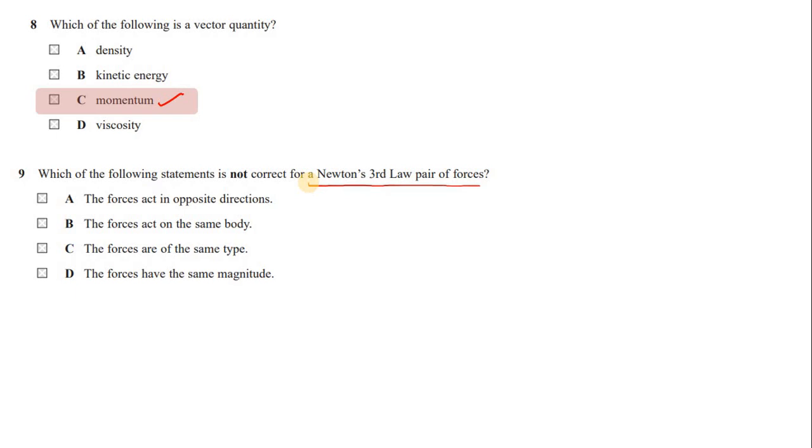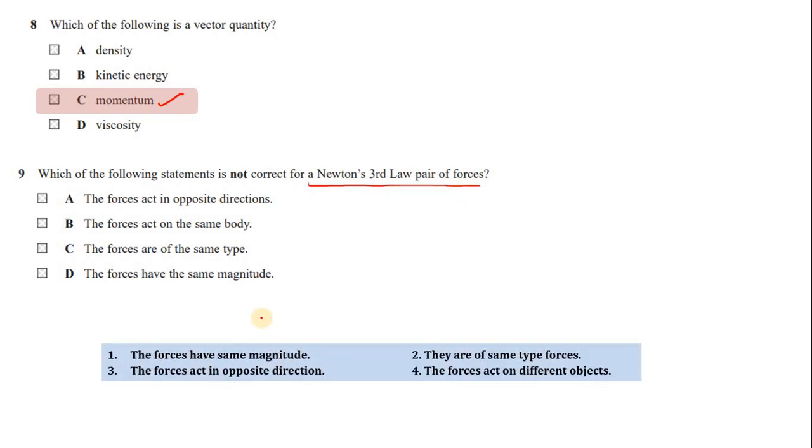Now, for Newton's third law pair of forces, there are some properties for the forces to be a pair. If forces have the same magnitude and are of the same type, these are called similarities.